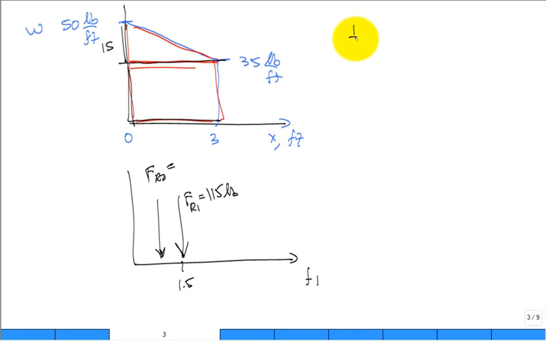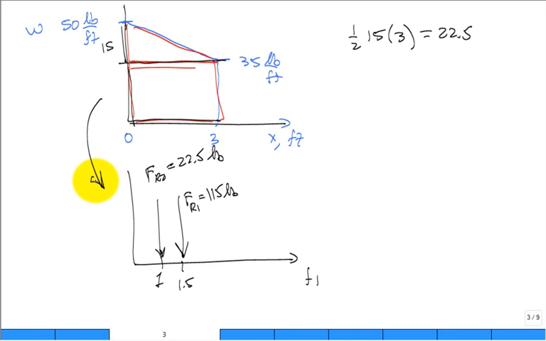So what's 1/2 of 15 times 3? 45 divided by 2, 22.5. Thank you very much. You saved me. All right, so this is 22.5 pounds. And where should it be located? At 1.